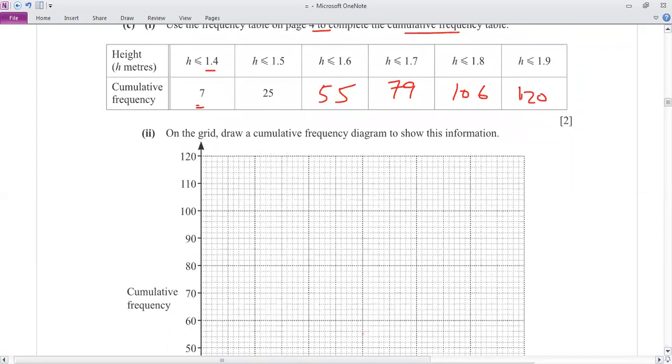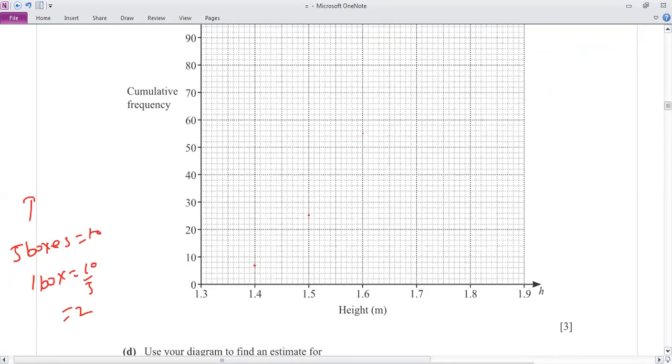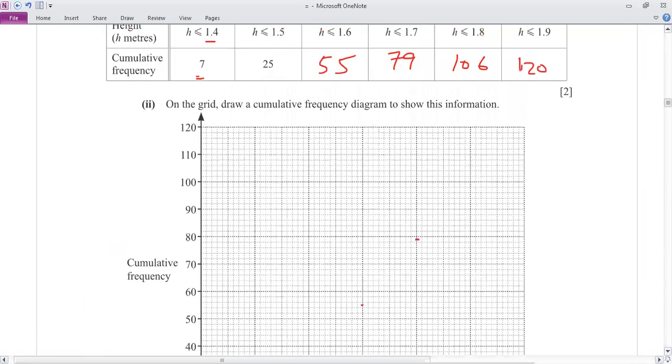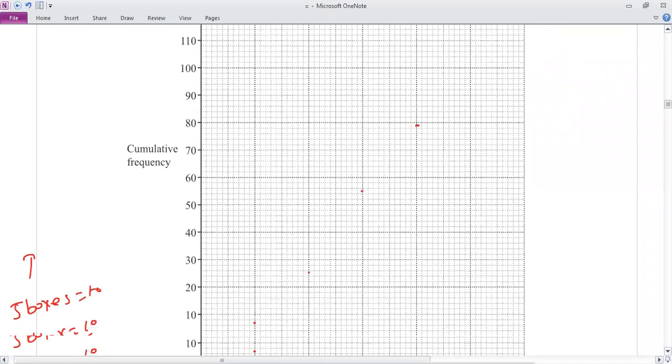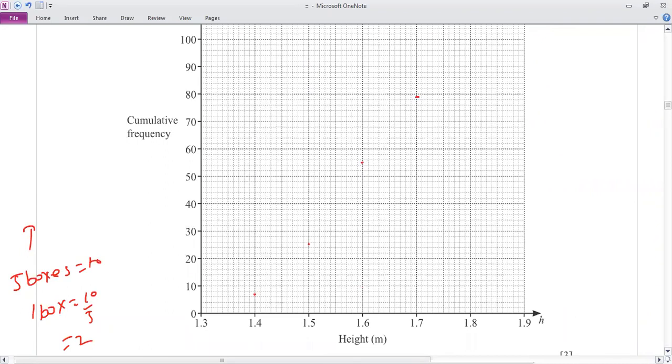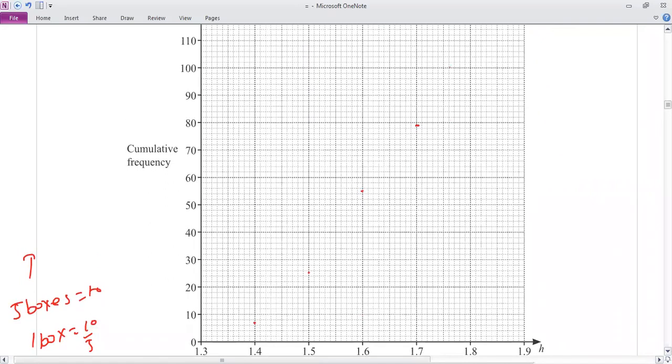Then for less equal to 1.7, 79. So where will be 79? This will be 79. And then for less equal to 1.8 is 106. Okay, where is 106? This is 100, 2, 4, 6.